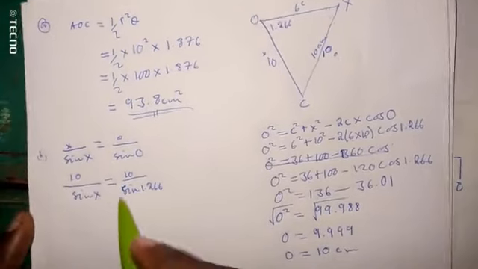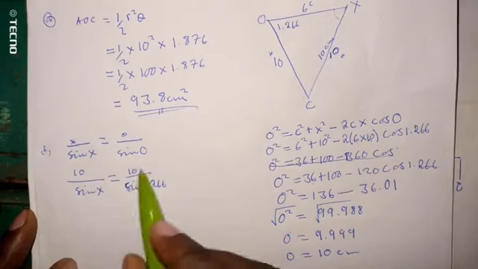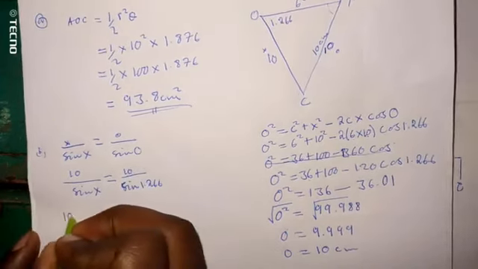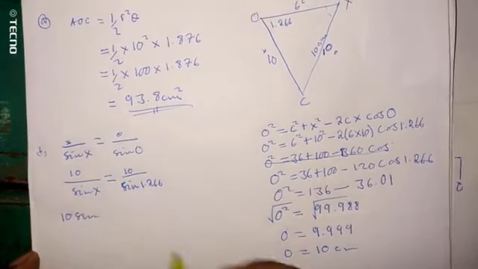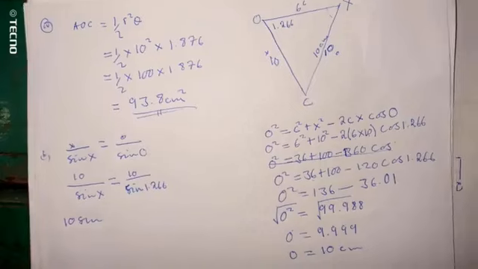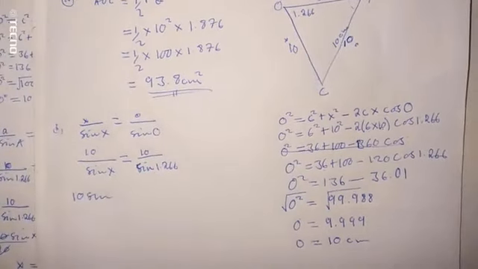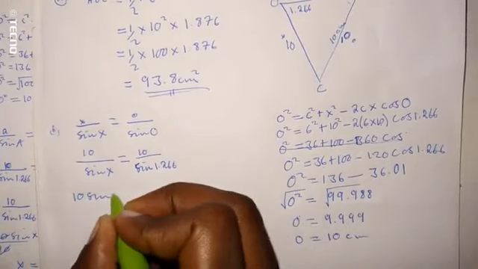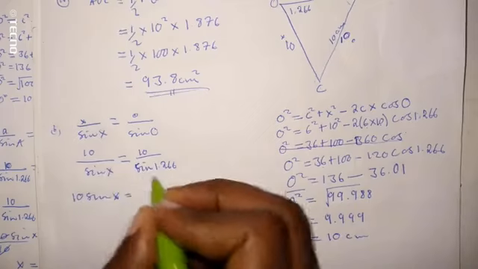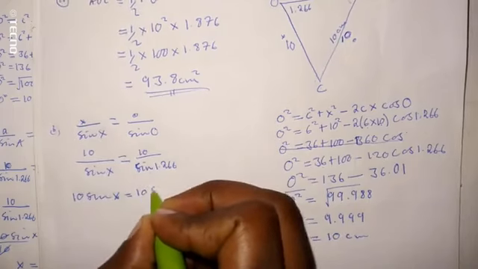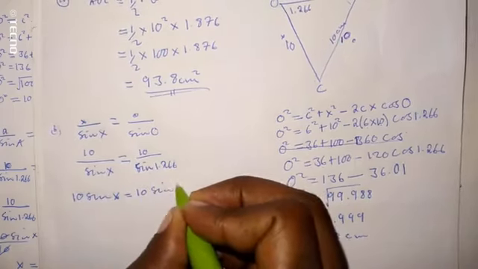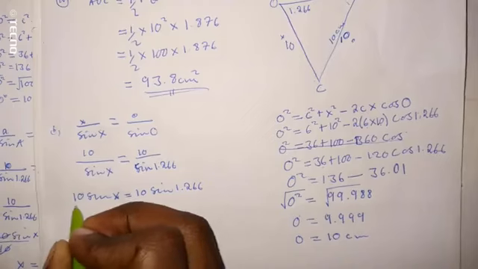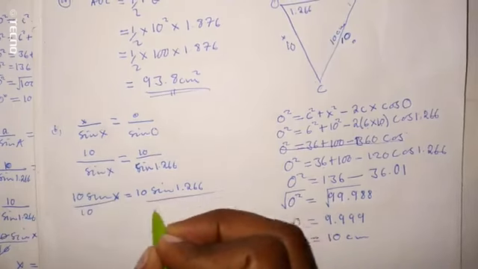Having this, this one will multiply by this. Once you multiply, we have 10 sine x is equal to 10 sine 1.266. Then divide by 10 over 10.